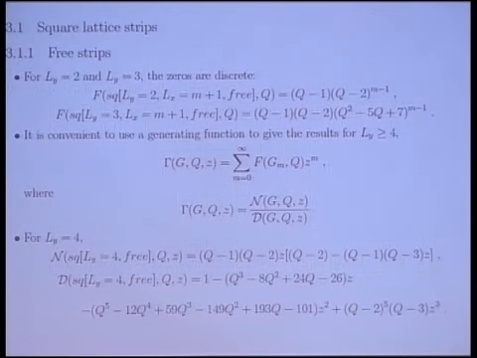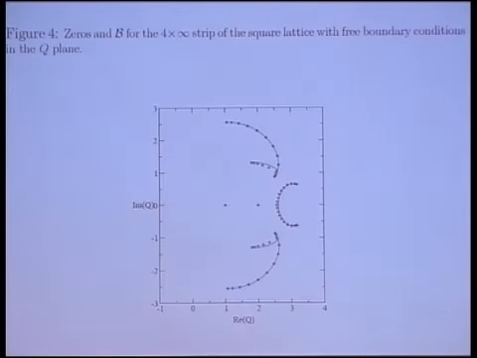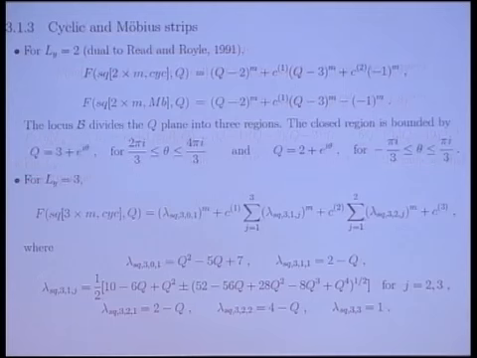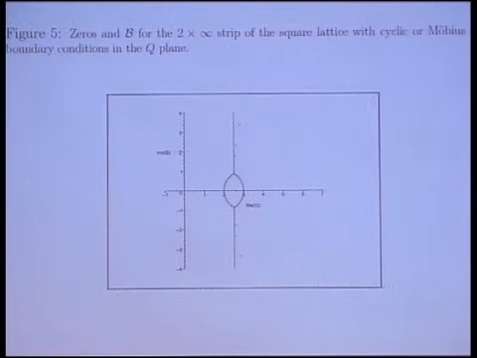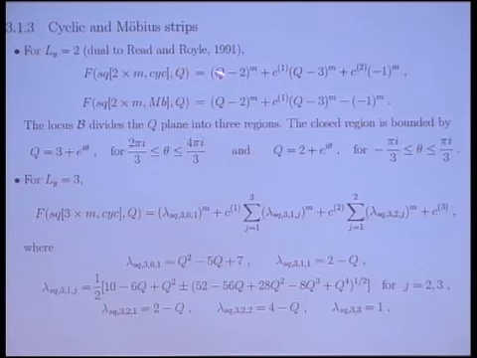Okay, and here let me just show you some zeros and their accumulation set. It is more interesting to consider the cyclic boundary condition. We have these coefficients 1, C1, C2 here again, and these results are the same as what Read and Royle obtained for the chromatic polynomial of the dual graph of this Ly equal to 2 cyclic square lattice graph.